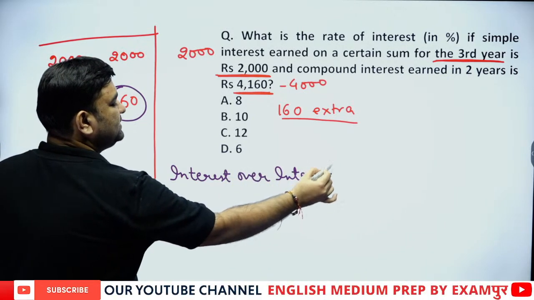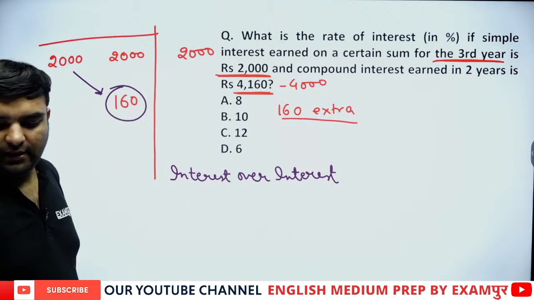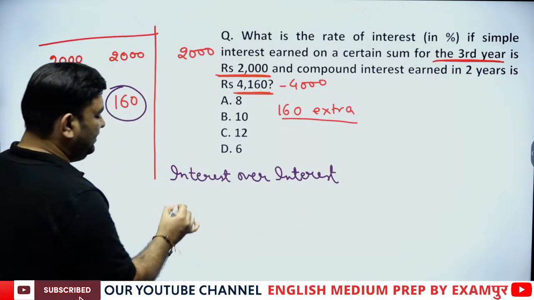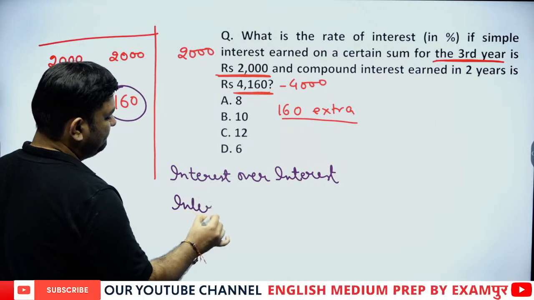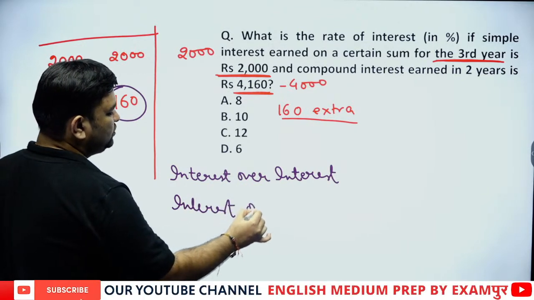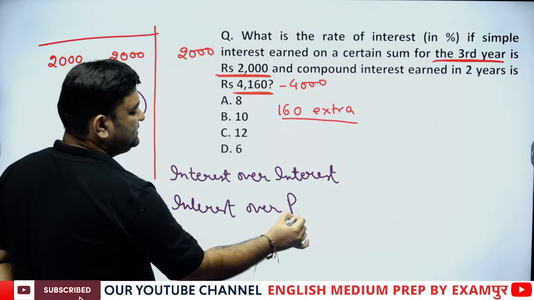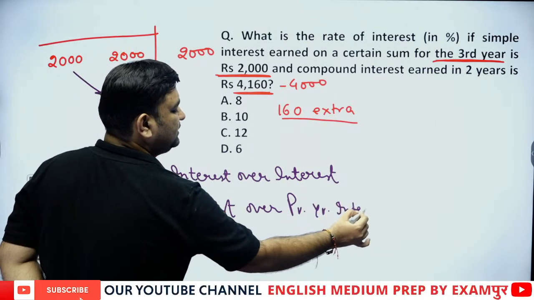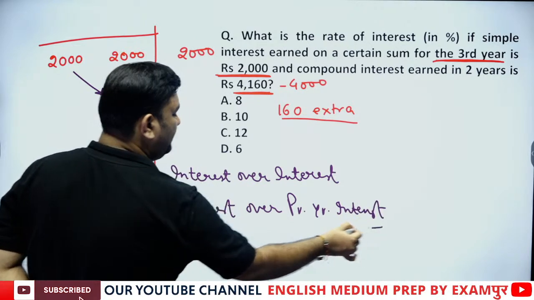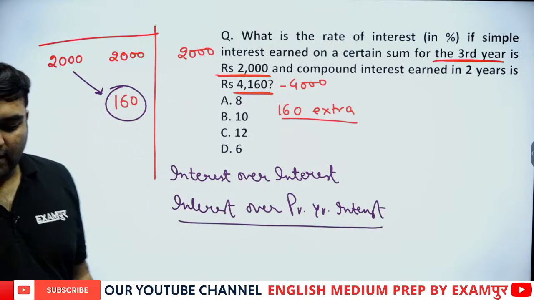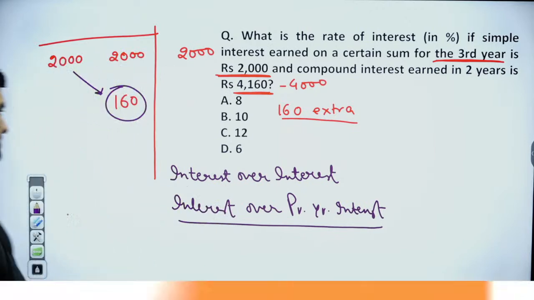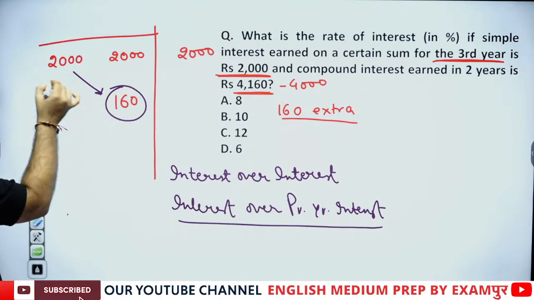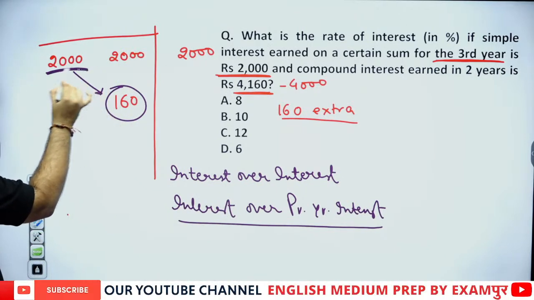So actually it is interest over previous year interest. The extra amount is interest over the previous year interest. So 160 is interest over the previous year interest.